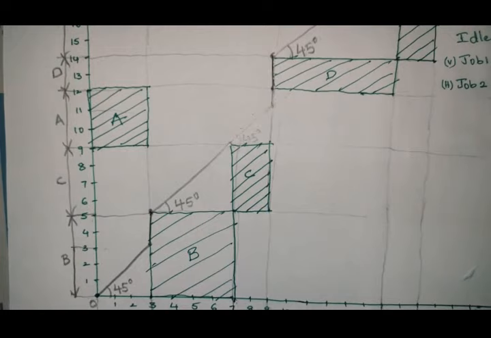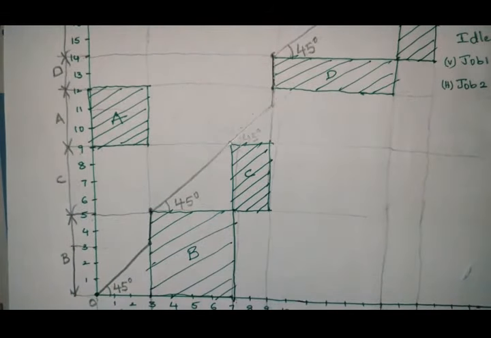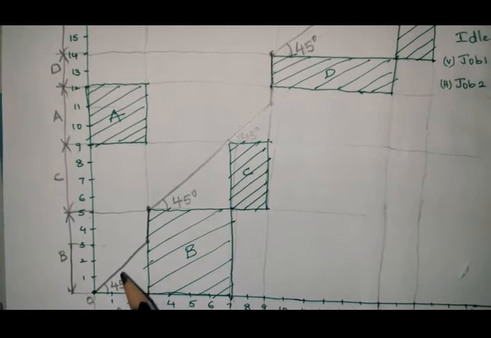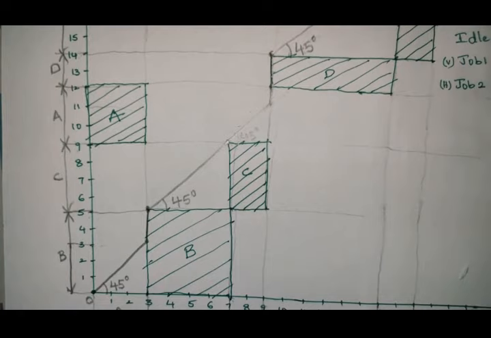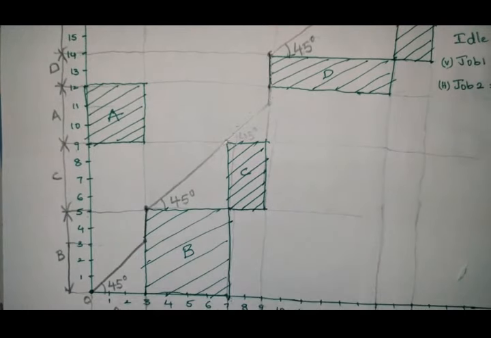So now we need to calculate the idle time. How to calculate the idle time: in the line we drew from O, if an inclined line is there, it means both job 1 and job 2 are processing on the machine. If a vertical line is there, it means job 1 is in idle condition and job 2 is in running condition on the machine.